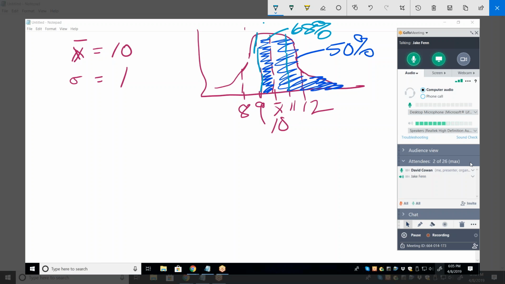So this left half of that has to be 34%. So now I can say that 34% plus 50% lies to the right of 9. So what's the probability that it's at most 9? 16%. Correct. Always 1 minus whatever else goes to the ends.